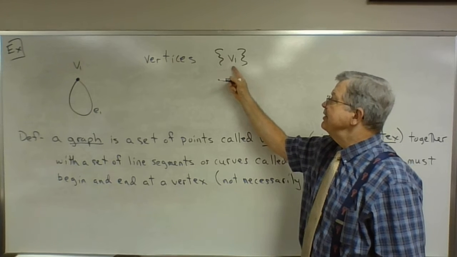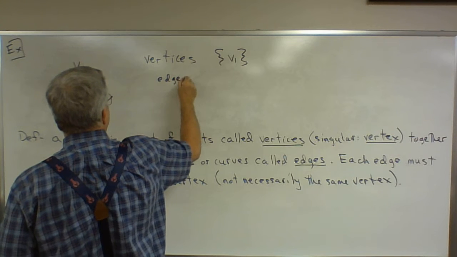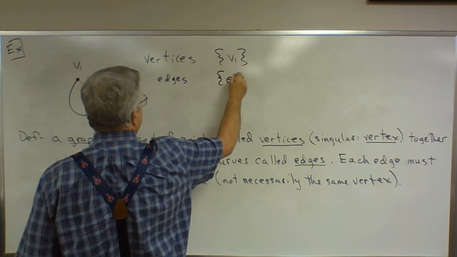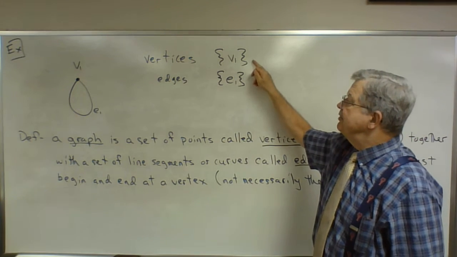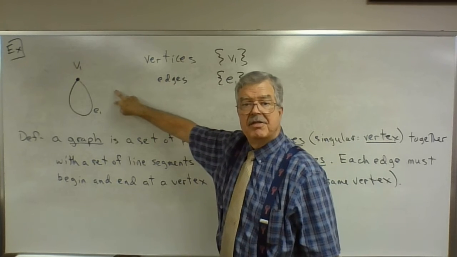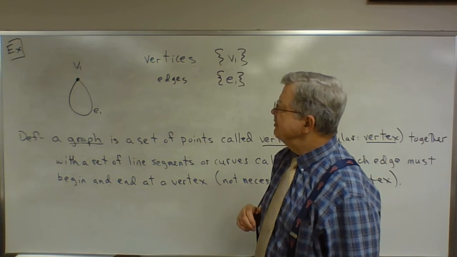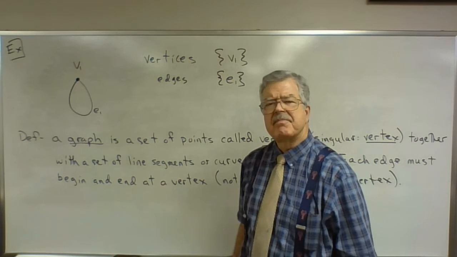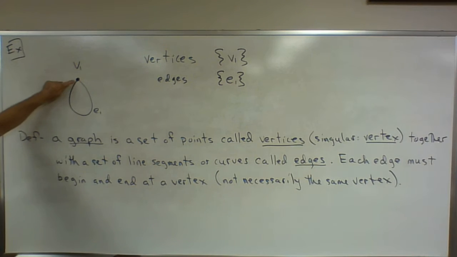Our set of vertices is V1, and our set of edges is E1. The set of vertices together with the set of edges forms a graph. This is a graph. And there's something interesting about this particular graph. It has one edge, and that edge starts and ends at the same vertex.